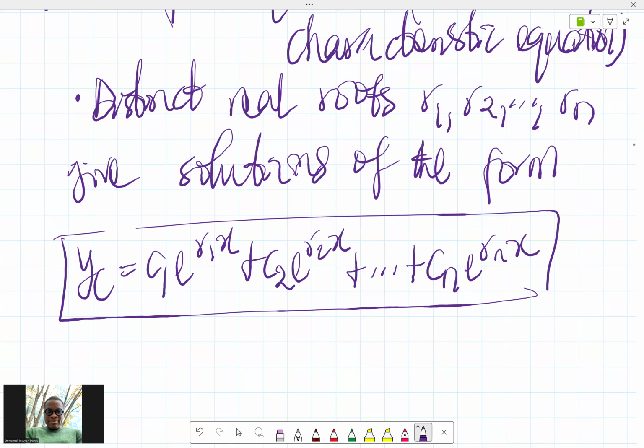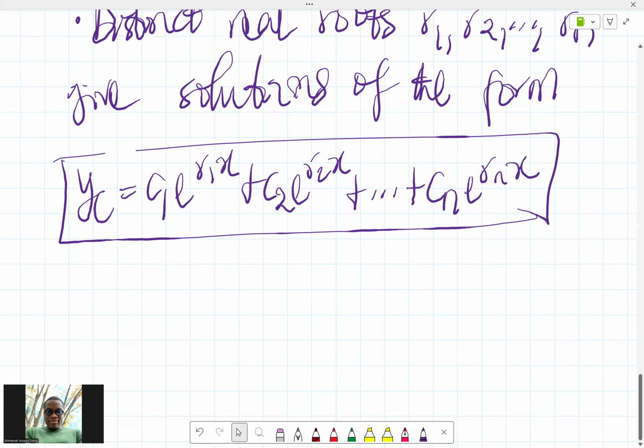That's the first situation. Then we also have possibilities of repeated roots.